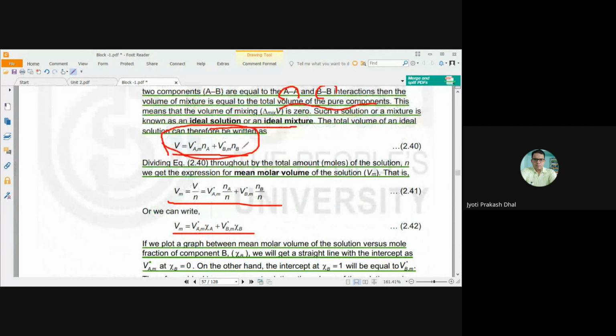So this is equation number 40. Dividing equation 40 throughout by the total number of moles of the solution, we get the expression for mean molar volume.